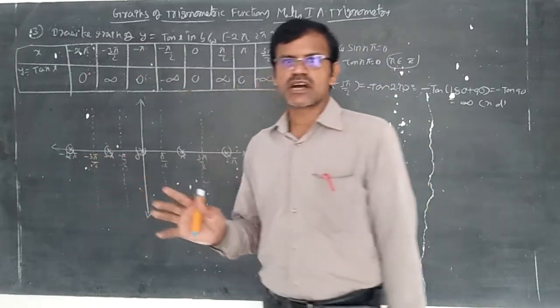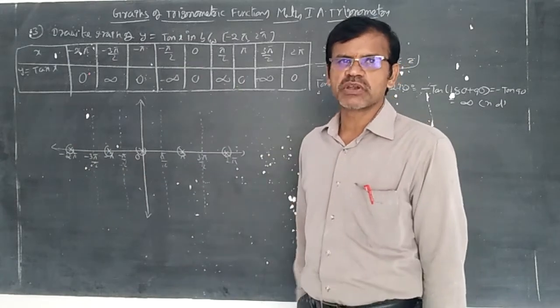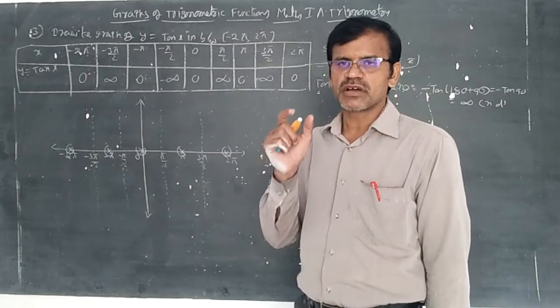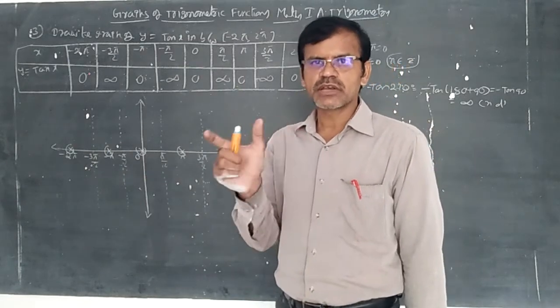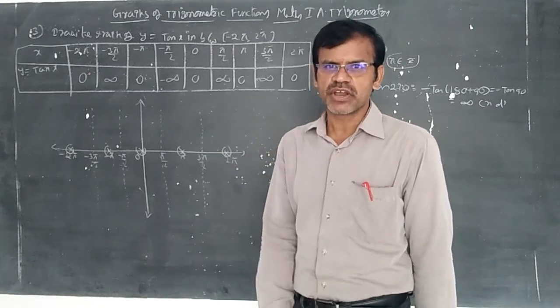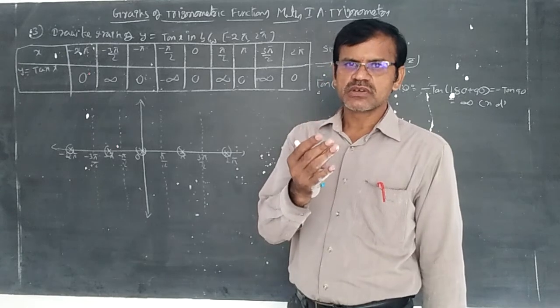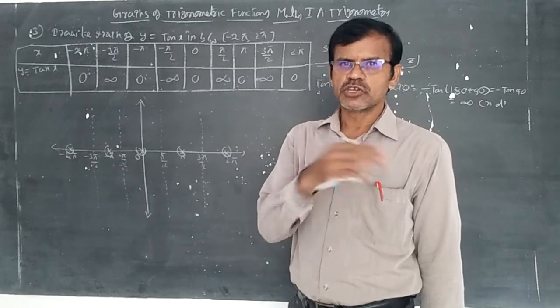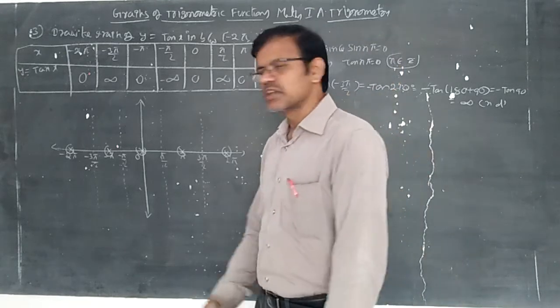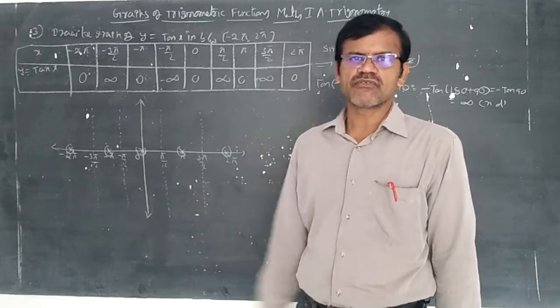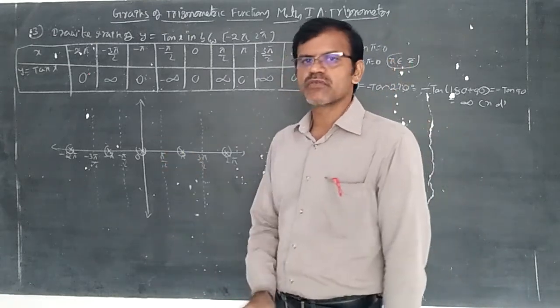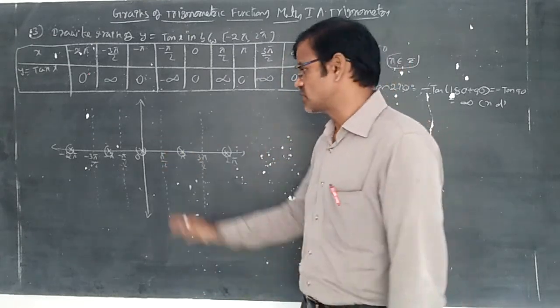But for sin x and cos x, even though plenty of values exist between two consecutive intervals, the range should be minus 1 and 1. The sin x cannot decrease below minus 1 or increase above 1. So minus 1 and 1 is the limit of sin x and cos x, but there is no limit for tan x.